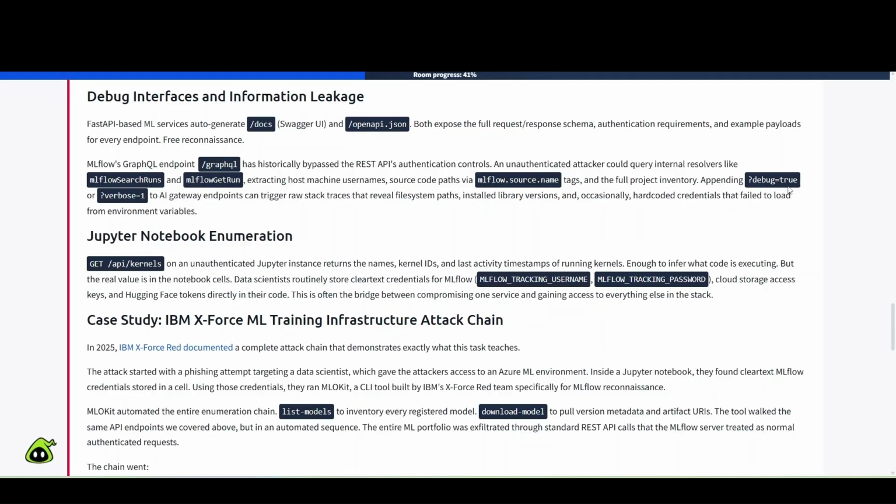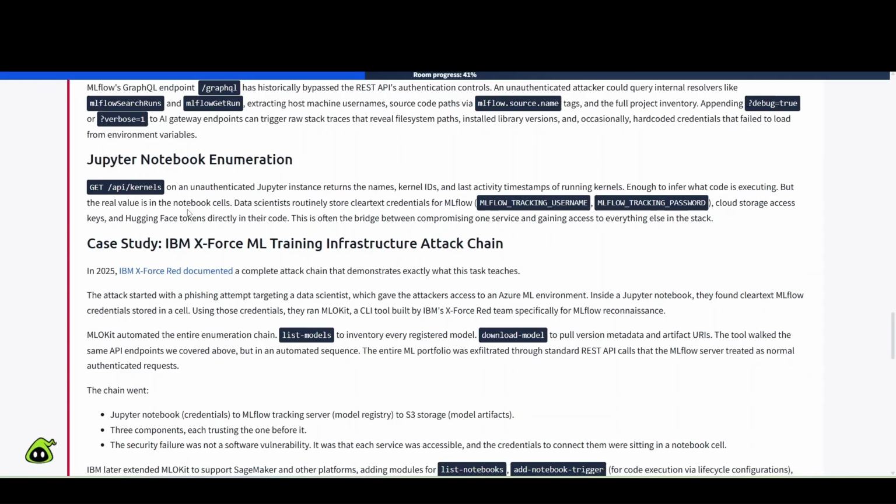Appending ?debug=true or ?verbose=1 to AI gateway endpoints can trigger raw stack traces that reveal file system paths, installed library versions, and occasionally hard-coded credentials that fail to load from environment variables. So all kinds of information you can get back by poking and prodding around, doing that reconnaissance and then also that enumeration, right?